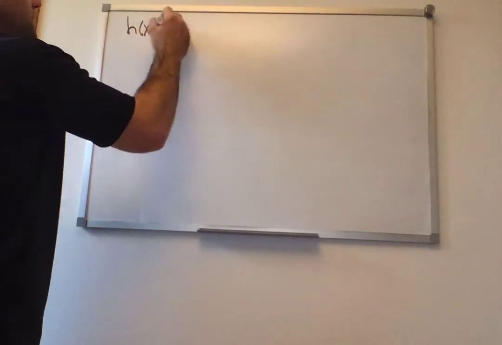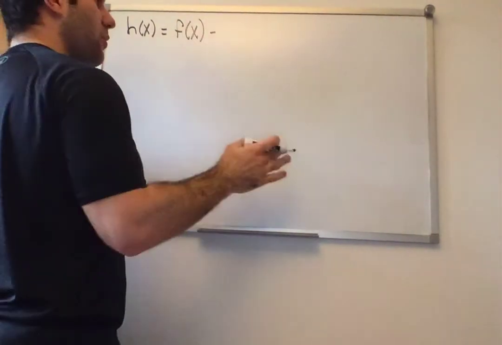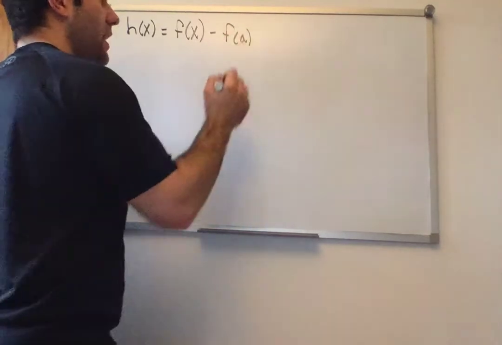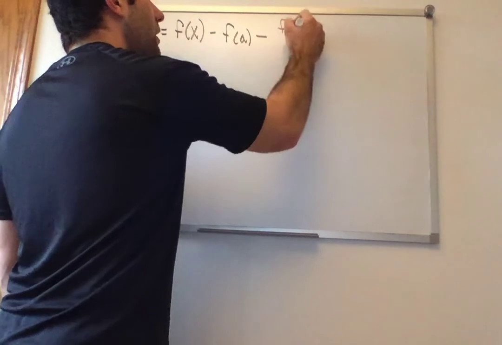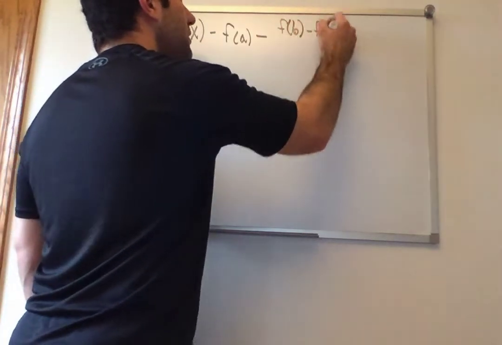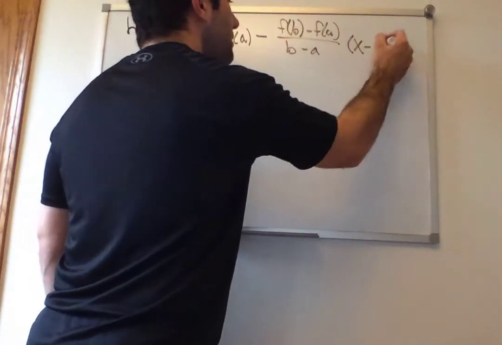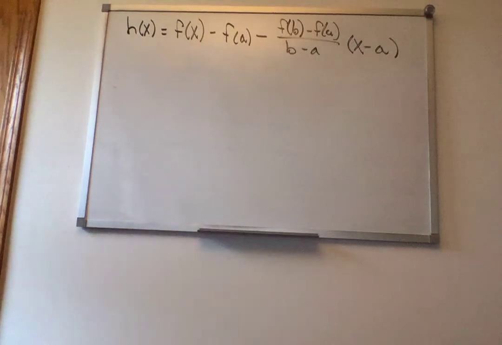So h of x is equal to f of x minus, now remember we're plugging in that equation that we had for y, f of a minus, see, f of b minus f of a divided by b minus a times x minus a. So we've got a new function. Now, let's go ahead and use Rolle's theorem.